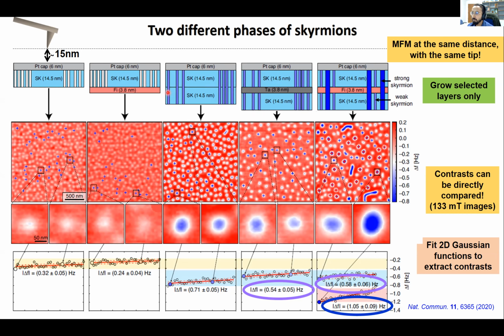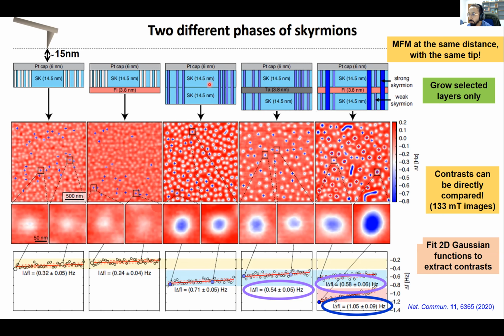If you look at these controlled experiments and these controlled samples, you can see that when we generate a single skyrmion 5 repetition layer, we have skyrmions where the intensity is around 0.32 hertz, as you can see here. Similarly, if we grow this on a ferrimagnetic substrate or underlayer, we still have a similar contrast, around 0.24, very similar to this one.